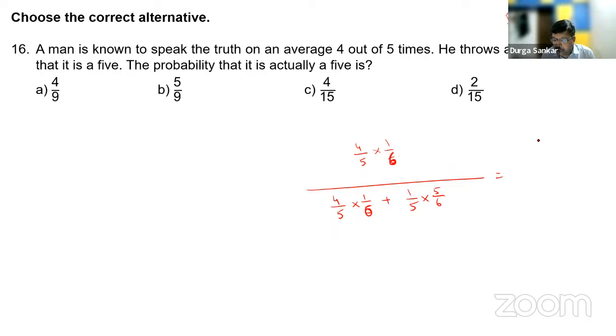So this is equal to 4 by 30 whole divided by 4 by 30 plus 5 by 30, which is equal to 4 by 4 plus 5, which is 4 by 9, option A.